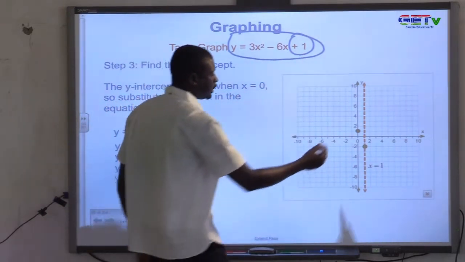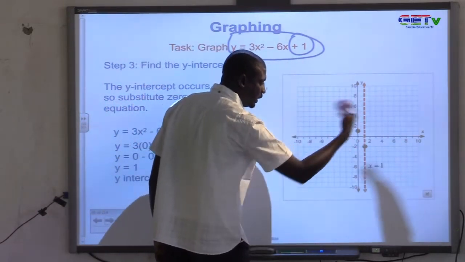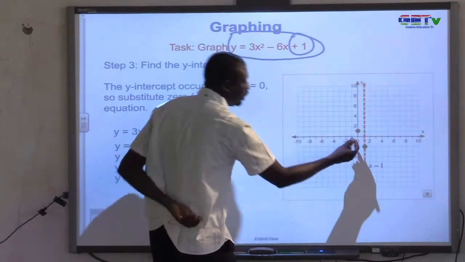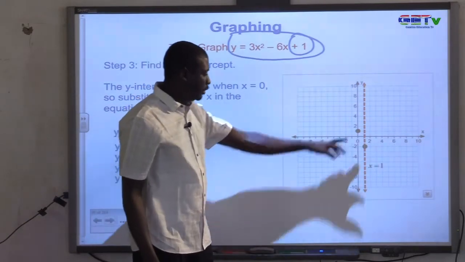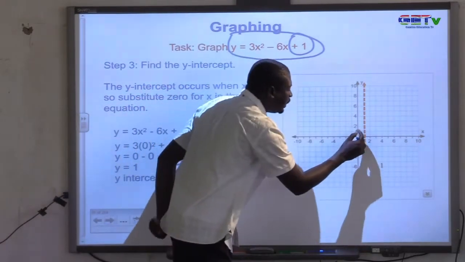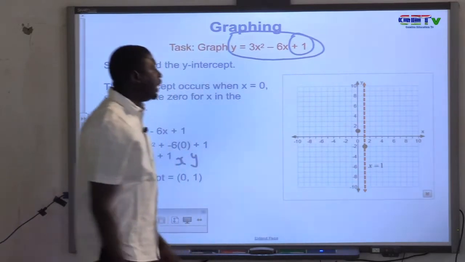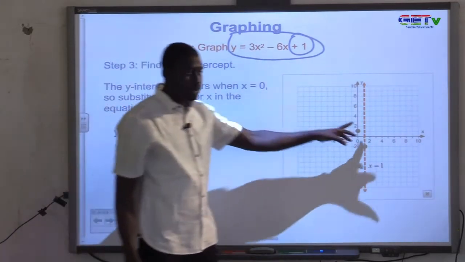So that point on the Cartesian plane, when y equals 1, is this point that is marked black there. So we need to indicate that point.